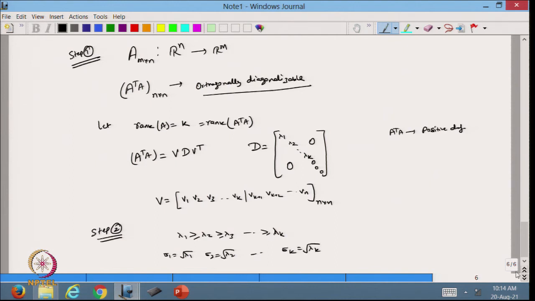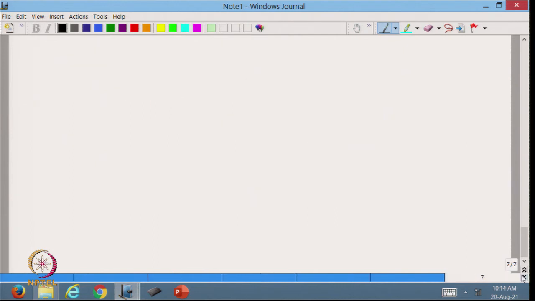From here I can say that my singular values satisfy sigma 1 is greater than or equal to sigma 2 is greater than or equal to sigma 3 and so on up to sigma k. So, these are the k non-zero singular values of the matrix A.